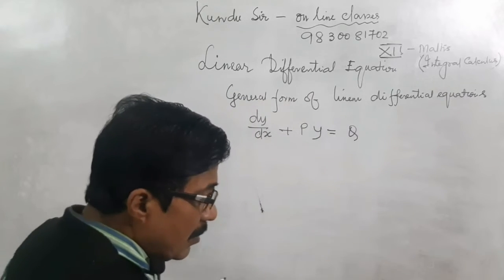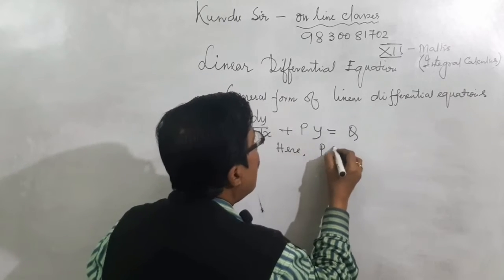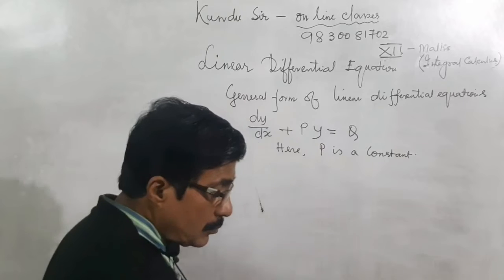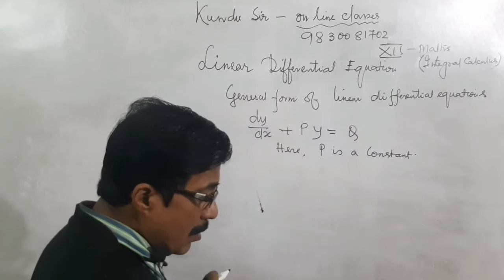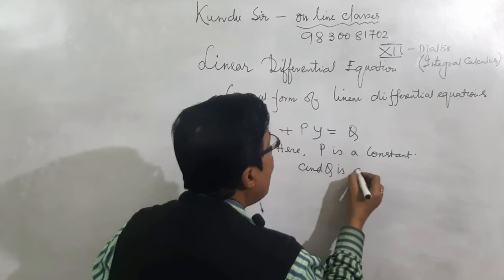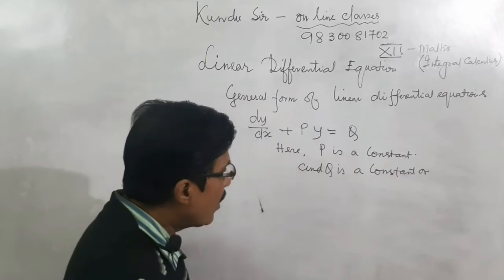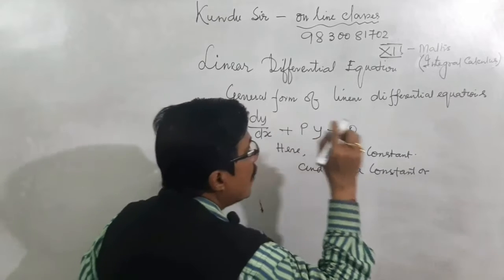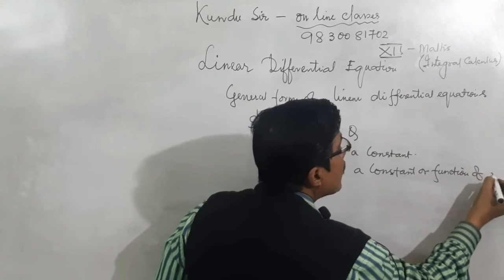Now here p is a constant, and q may be a constant or a function of x.